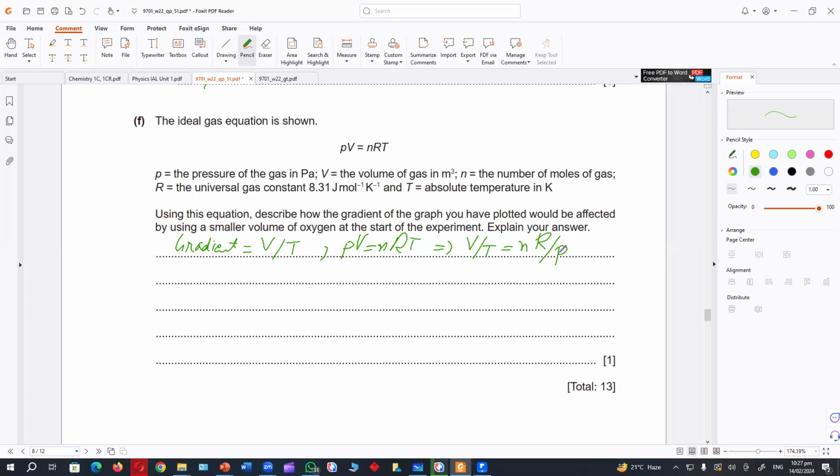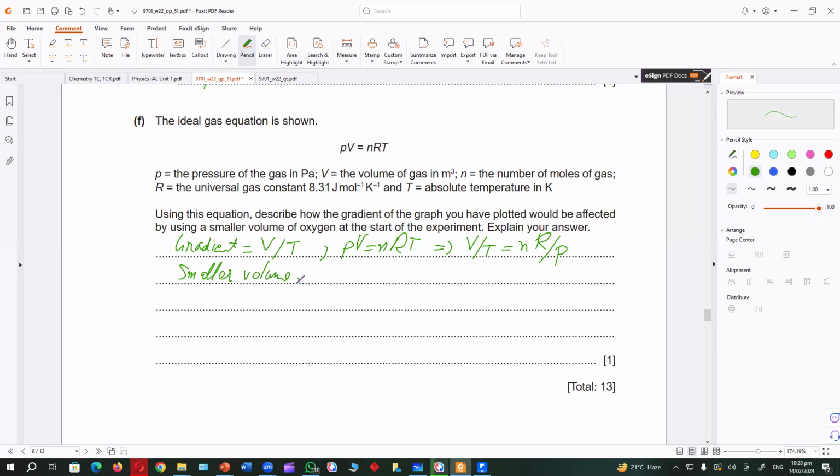So I have done the mathematical work. We know the gradient actually, but how do we manage this now? He says smaller volume.